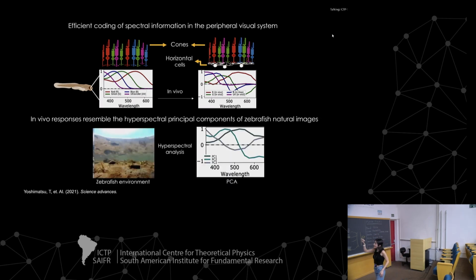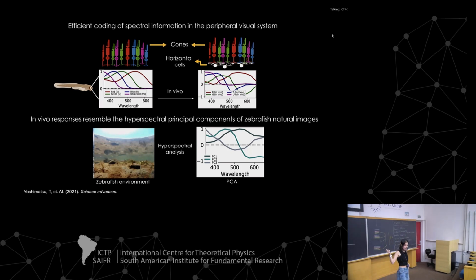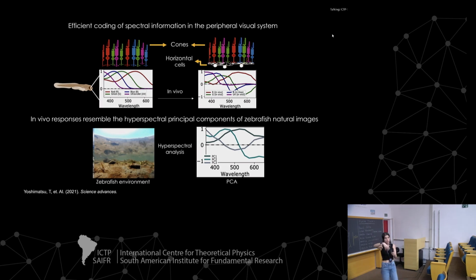And even more interesting, going to the naturalistic inputs of the animal. What these people did was to put cameras, a hyperspectral camera, in the place where these animals live, and they look at the spectral information from this environment. So this is a camera in space. They used a principal component analysis.